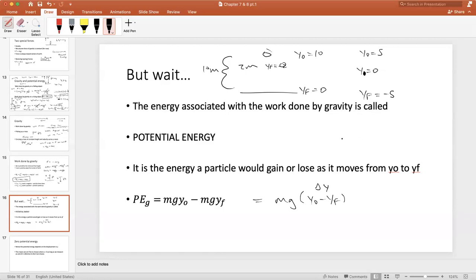Another good example would be, imagine that this angle is 30, and I want this thing to slide down 4 meters. So this thing goes 4 meters and it's at 30. What I need, and we'll come back to this later, is the change in y. I say this is y initial and this is y final. Well, how high is this?